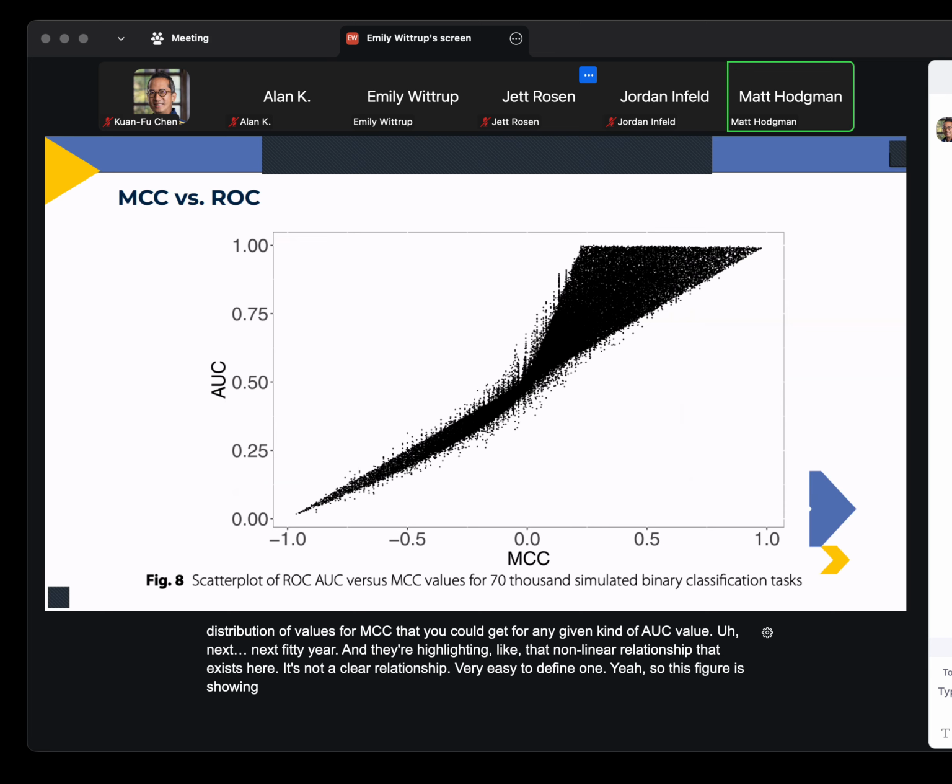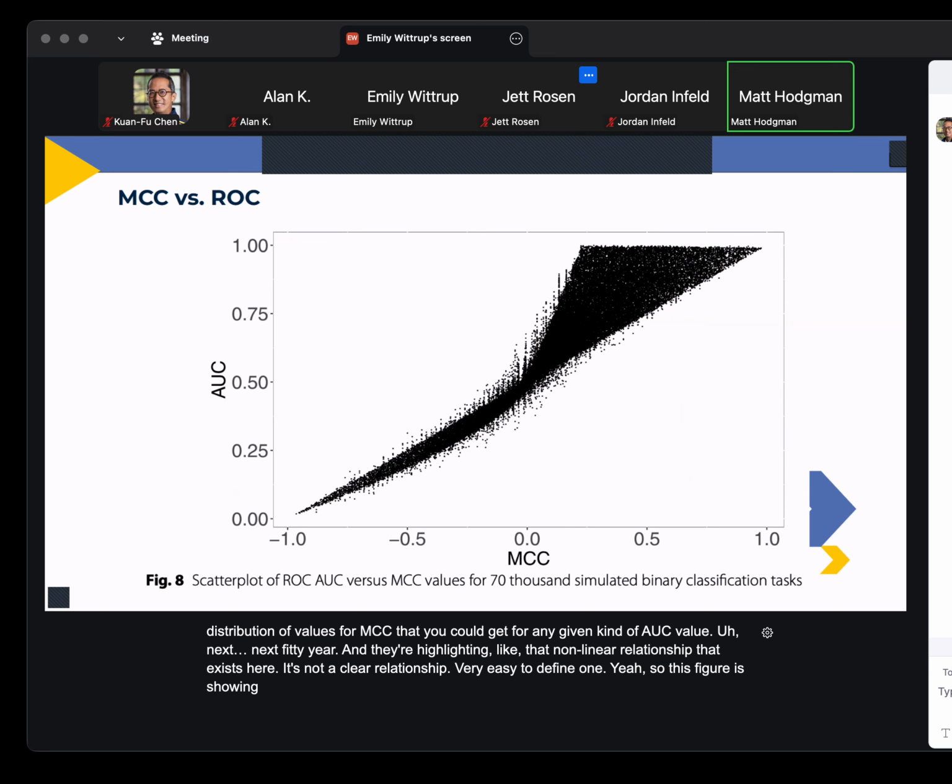One of the main takeaways here is, for example, let's look at subfigure D. You have a balanced data set, and you're looking at the relationship between the true positive rate and AUC. Given any AUC, like, I know it's really small, but like 0.75, the true positive rate can range a lot.